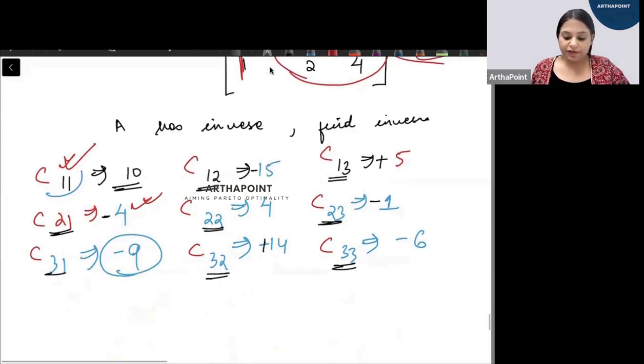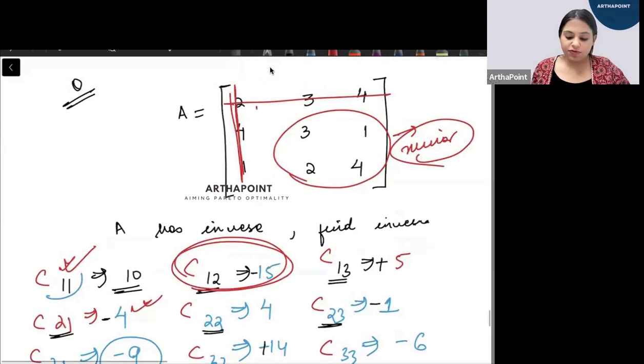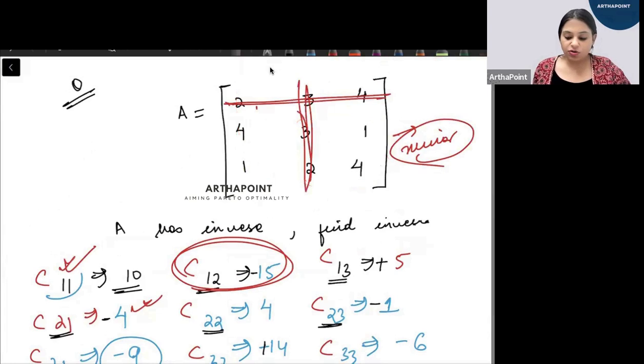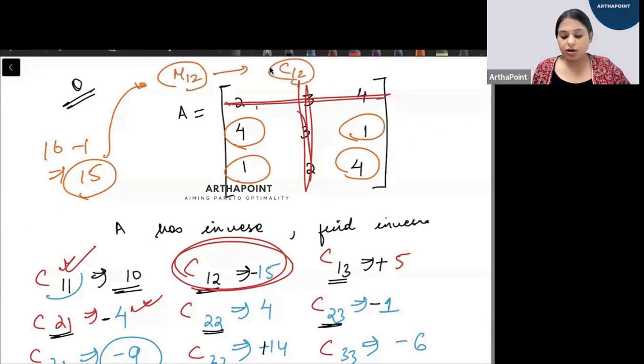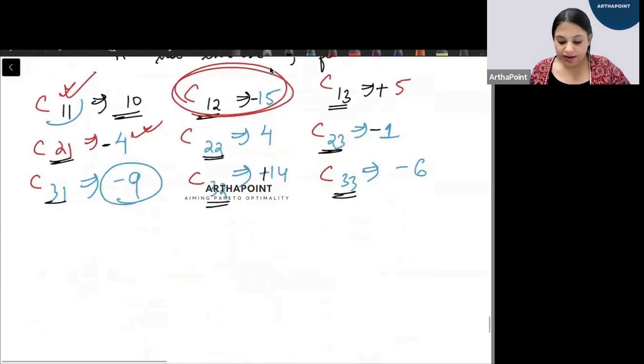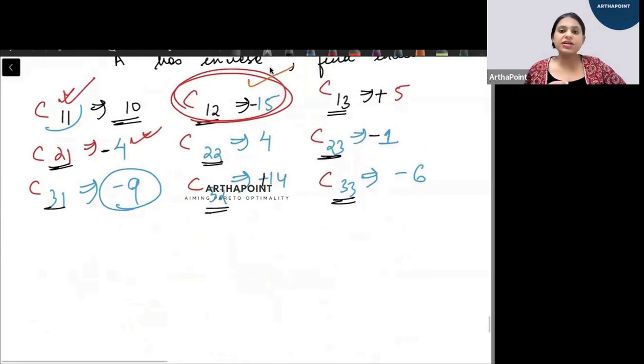Similarly, for first row second column, I leave out the first row and second column and find the minor of the remainder. So the minor will be 16 minus 1, that means 15. But when I have to convert this minor M12 into cofactor C12, because 1 + 2 is odd, I will multiply this with -1. So it becomes -15, and so on. Then I will get the cofactors.